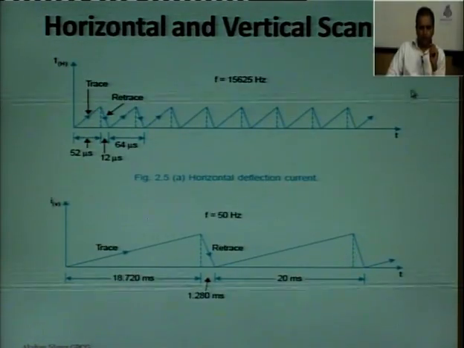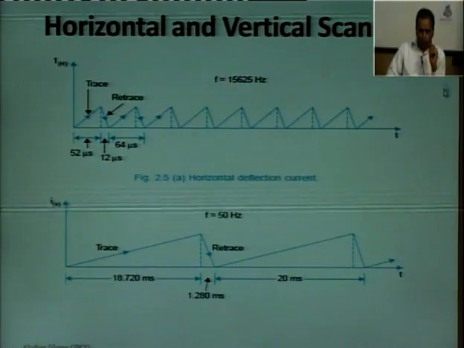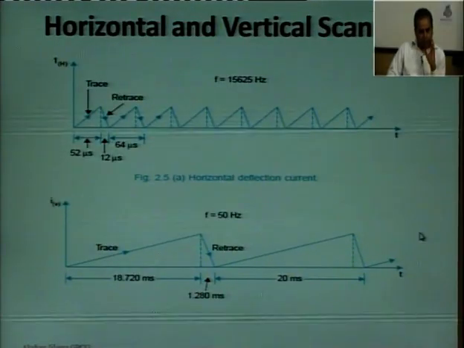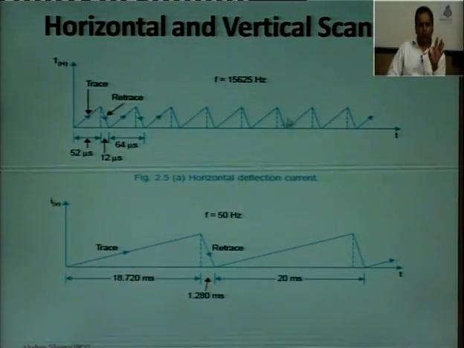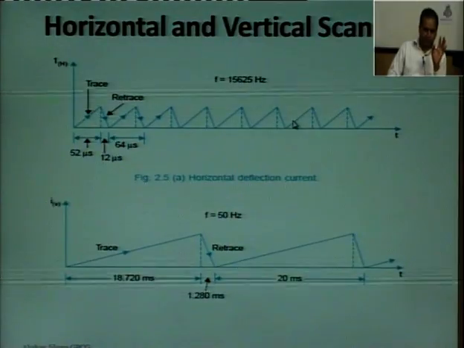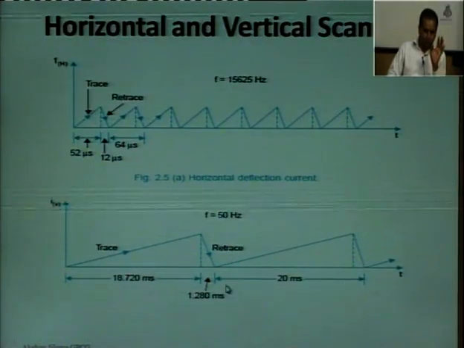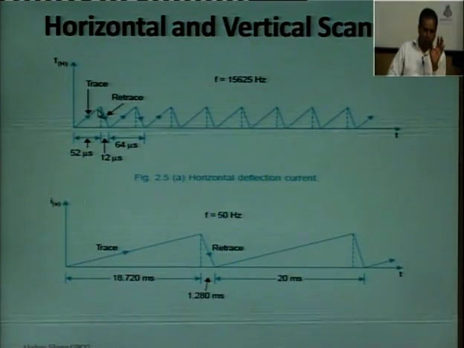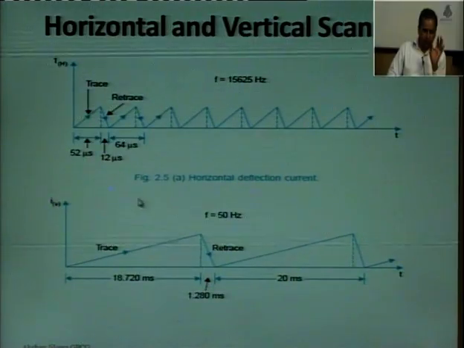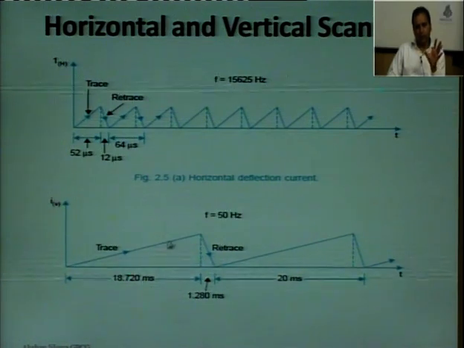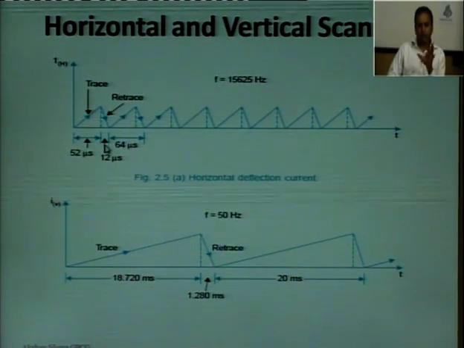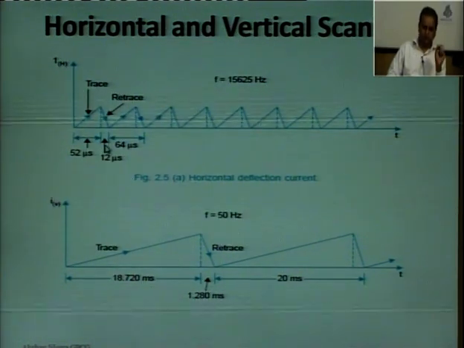It means when the beam spot moves from top to bottom, during that duration it will move from left to right a number of times. So, this shows vertical trace, horizontal trace, vertical retrace and horizontal retrace. In one vertical trace there are a number of horizontal trace and retrace intervals.